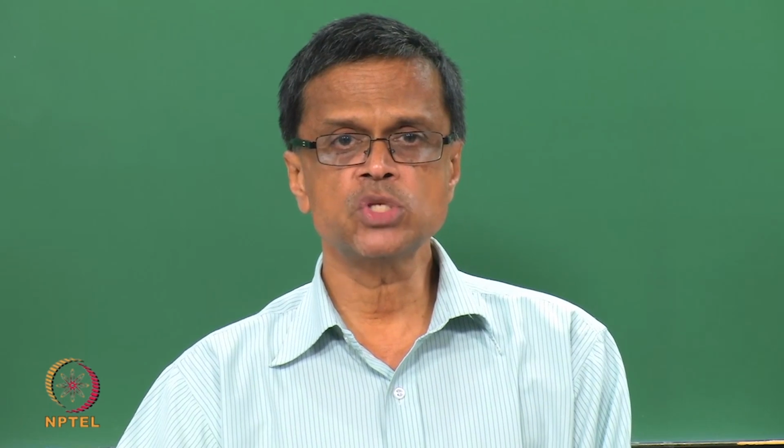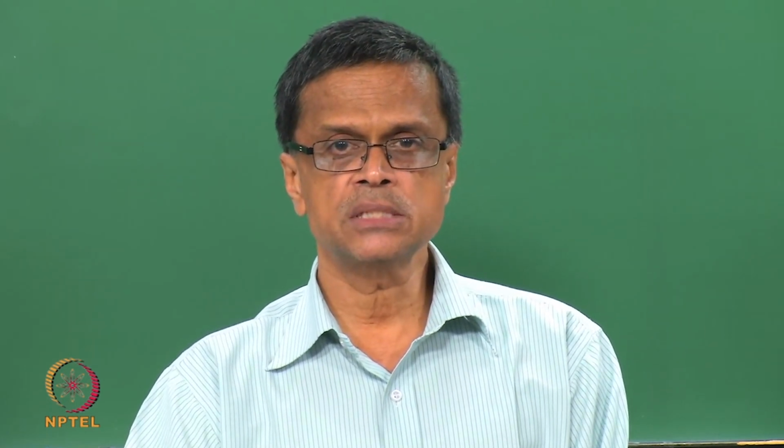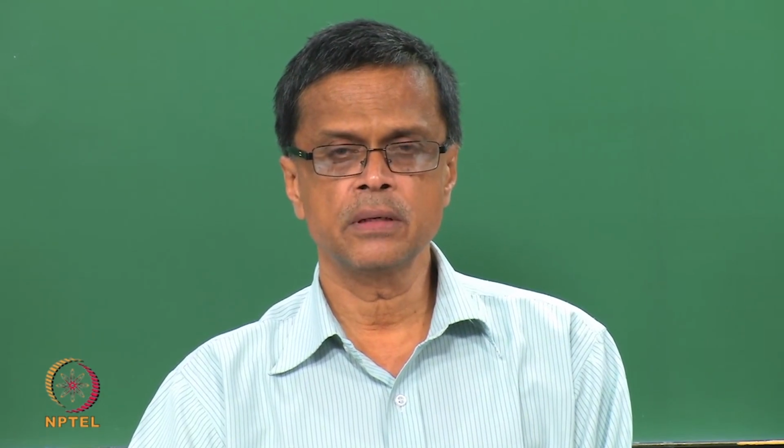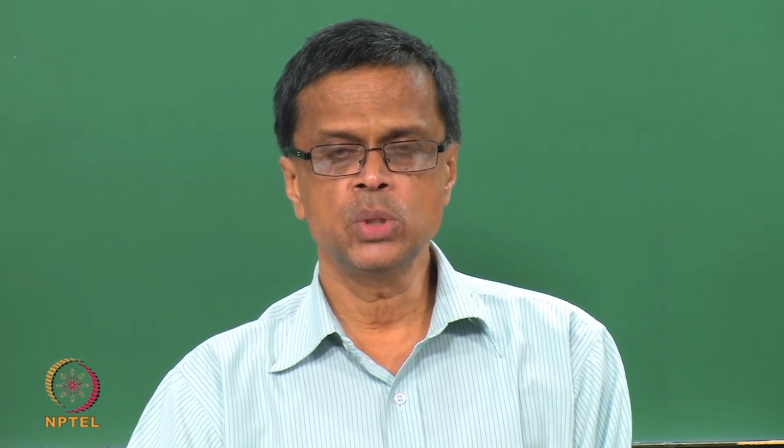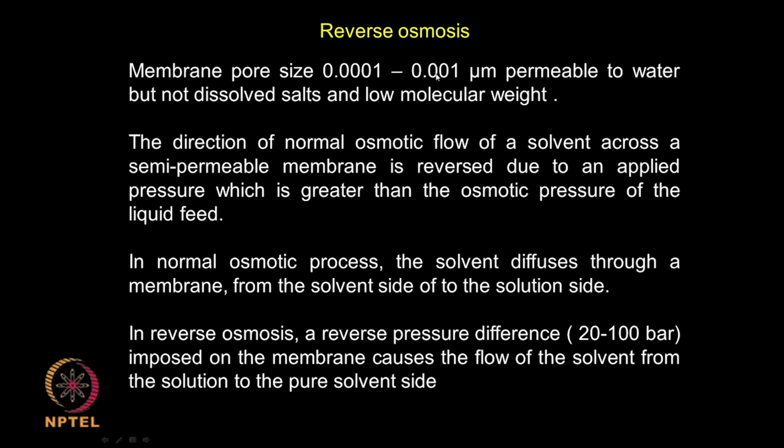So, in reverse osmosis, the membrane pore size is very, very small, practically 0, and the flow happens, that means the solvent flows through the membrane material, and salts and low molecular weight materials are retained.